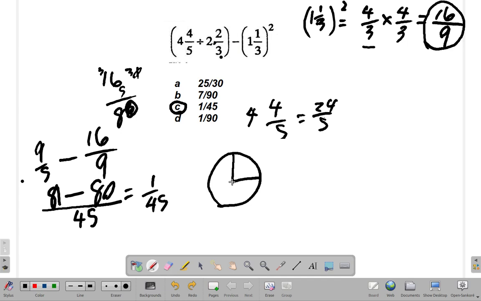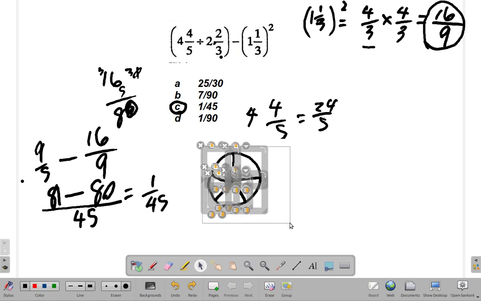Let me try my best and get some fifths. That's 2/5, 3/5, 4/5. Alright, approximately the same size. And let me just make a copy of these.